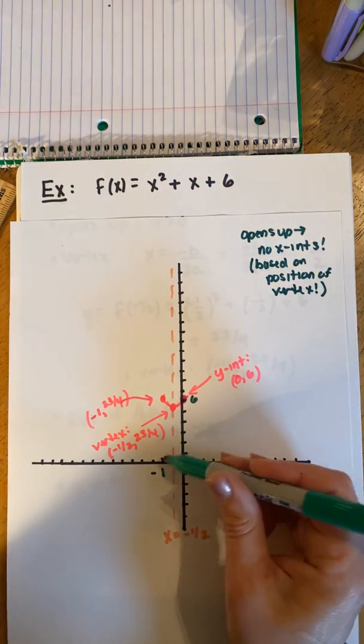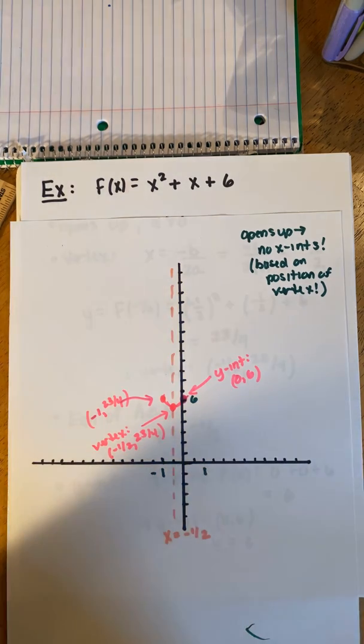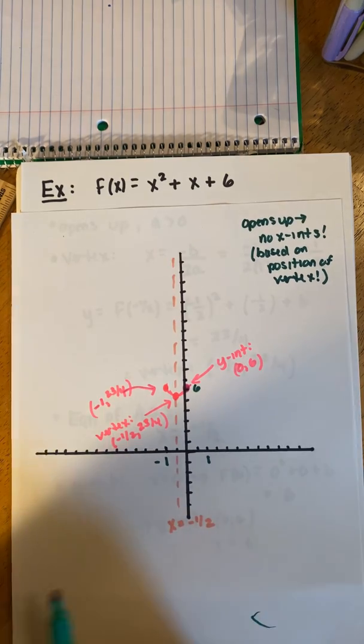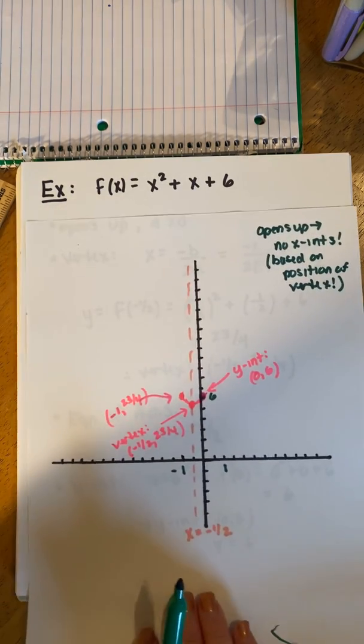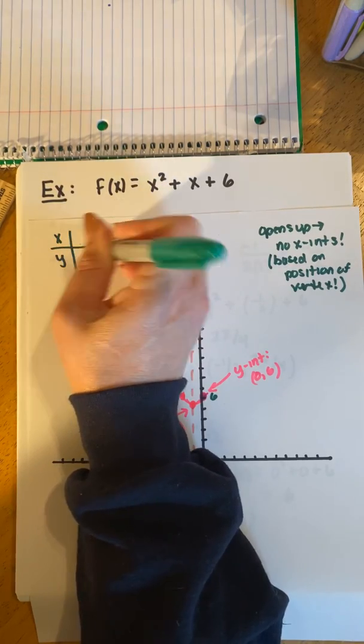If the vertex fell below the x-axis and it opened up like our first problem, then we definitely would have x-intercepts. Now, we really don't have enough to plot here, so what I would do is take the time and pick a couple more points to get a feeling on exactly how this behaves.